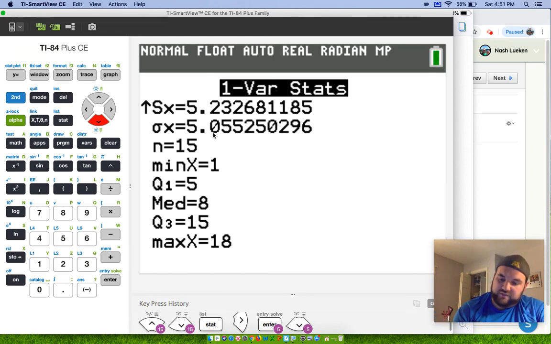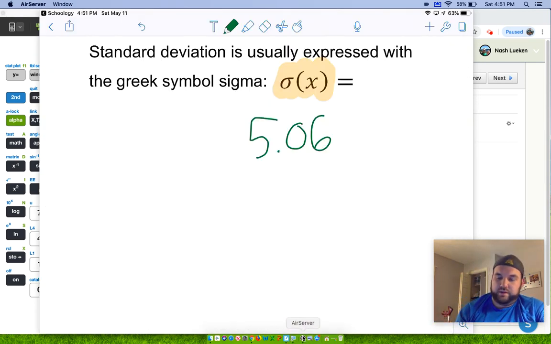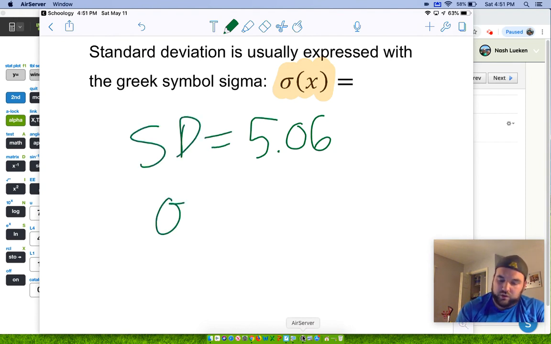Okay, so 5.05 would be the standard deviation, or 5.06, I guess, if we're rounding. That is the standard deviation of that data set that we typed in. So standard deviation, or again, you can use the sigma symbol.